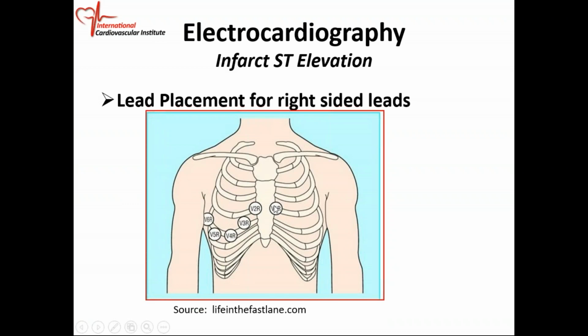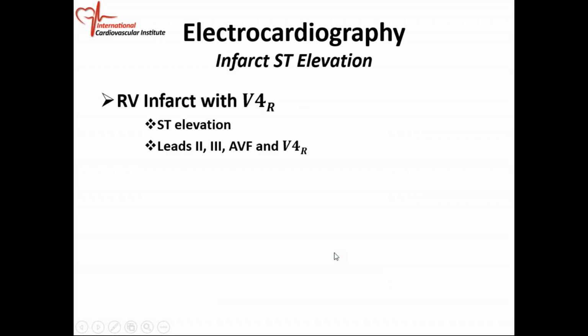Your V2R. So you just put them on the opposite side. V1R, V2R, V3R, V4R, V5R, and V6R. You put the leads on the right side, as opposed to your normal placement on the left side.